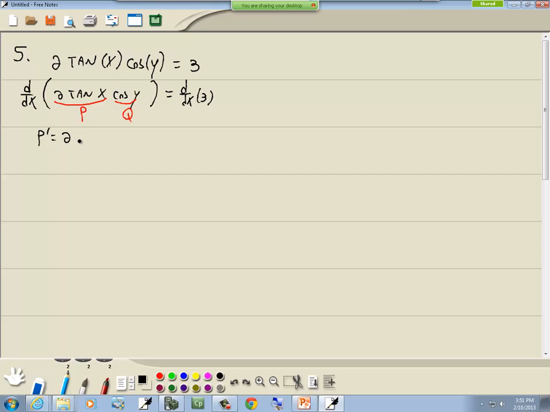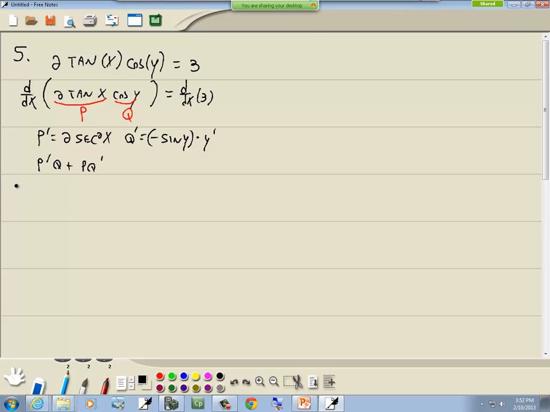The derivative of tangent is secant squared. For q prime, well, the derivative of cosine is negative sine. But since we're taking the derivative with respect to x and it's really y, we have to add on our y prime. So we've got our p prime q plus p q prime.